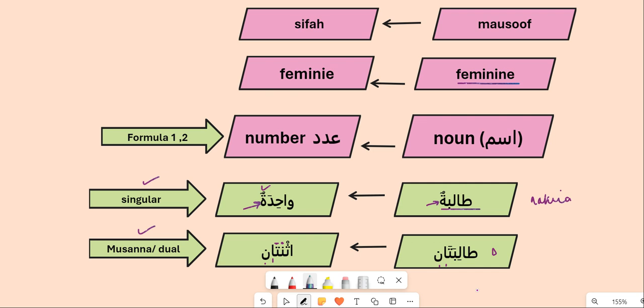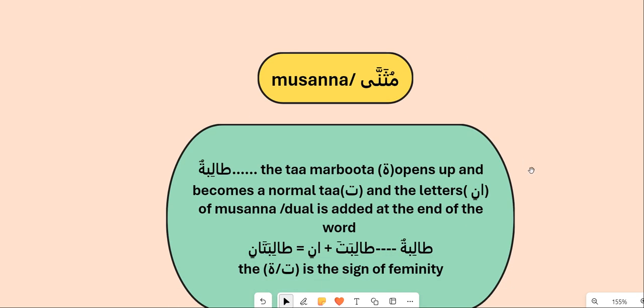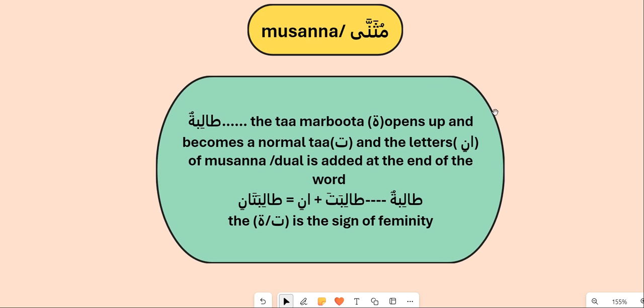So let's check how you make the noun or the numbers into dual. How do you make a dual, a muthanna? In the noun talibatun, if you look carefully, you can see the ta marbuta at the end.